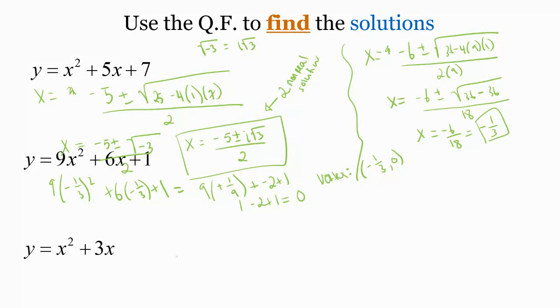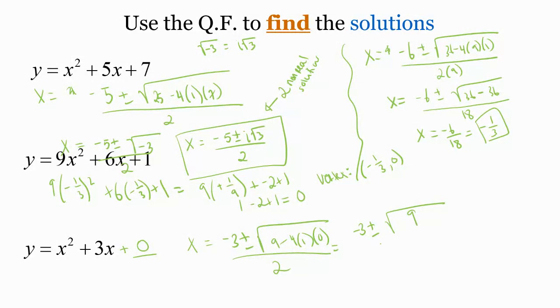And the third one here, oh no, where's c? That must be 0. So x equals -3 plus or minus the square root of b squared minus 4 times a times c, all over 2. -3 plus or minus the square root of 9 over 2. -3 plus or minus 3 all over 2.